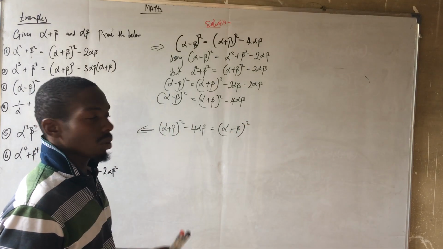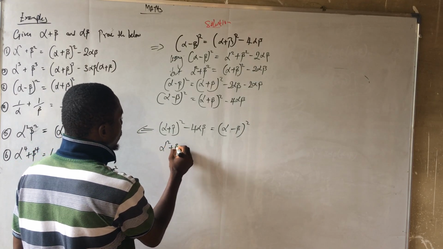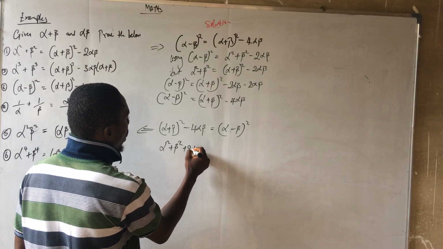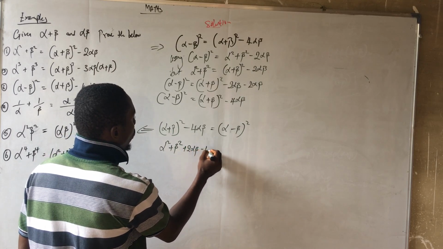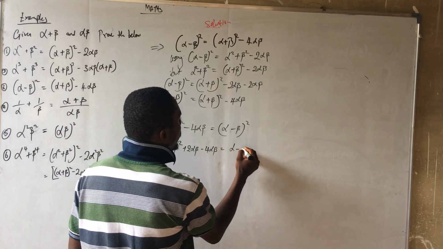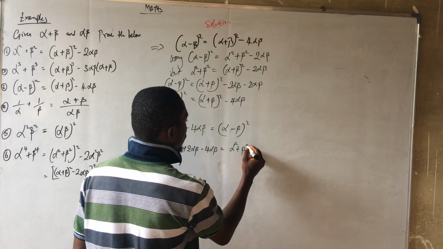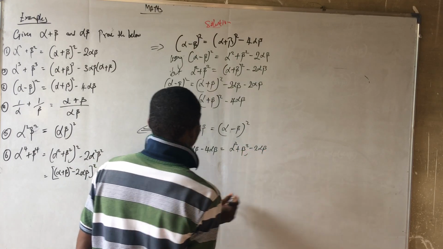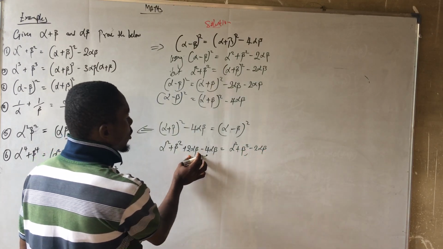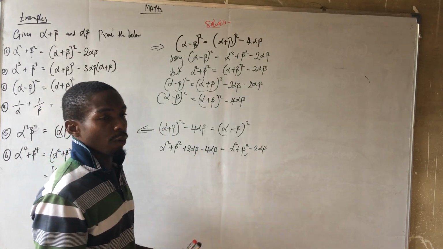So the first thing we're going to do is open this bracket. I'll open this bracket, I'll have alpha squared plus beta squared plus 2 alpha beta minus 4 alpha beta to be equal to, open this bracket again, alpha squared plus beta squared minus 2 alpha beta. Now here is 2 alpha beta, here is 4 alpha beta, so we can subtract this smaller one from the bigger one.